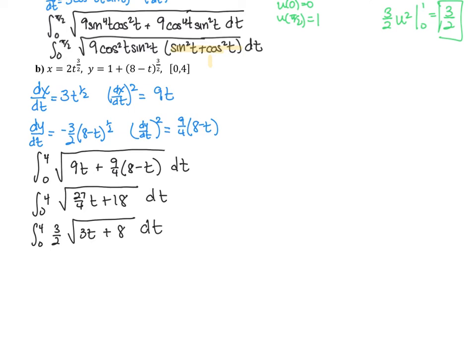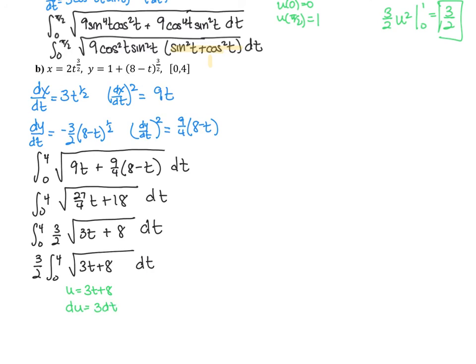Much better looking. Okay. Let's use a u substitution. Let's actually pull out that 3/2. So let's do 3/2 times the integral from 0 to 4 of the square root of 3t plus 8 dt. I'm going to let u be 3t plus 8, so du would be 3 dt.